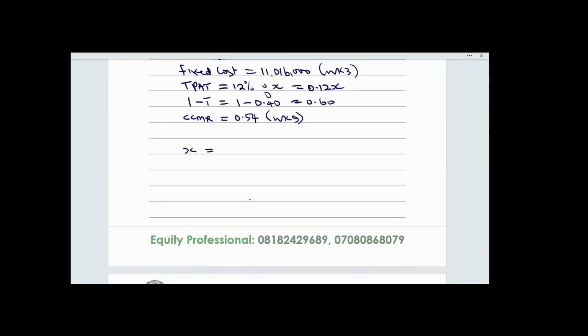Our revised fixed cost is 11,016,000 plus targeted profit after tax, rate of return of 0.12 of X divided by 1 minus tax, 60%, divided by composite contribution margin ratio of 0.54.